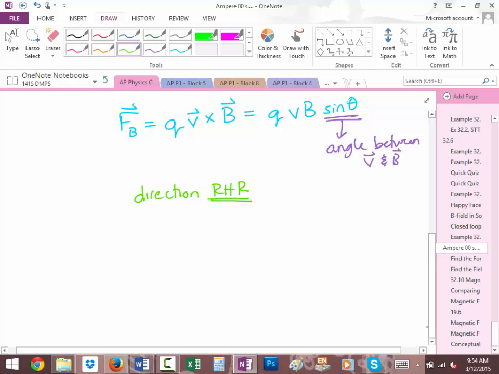The way that I set it up in my head, my pointer finger is V. My other 3 fingers represent B, and the resulting force follows out my thumb.